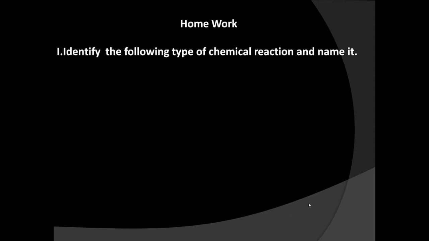Here I am going to give you some chemical reactions. You need to identify which type of chemical reaction it is, out of the 5, whether it is combination or decomposition or displacement, double displacement or oxidation and reduction reaction, and you need to write it.